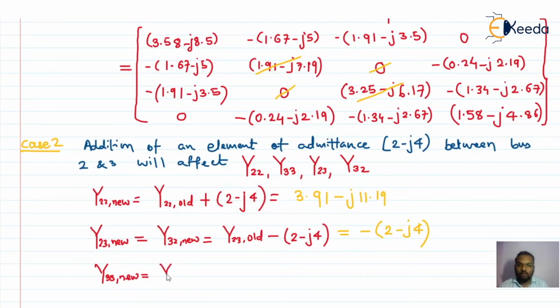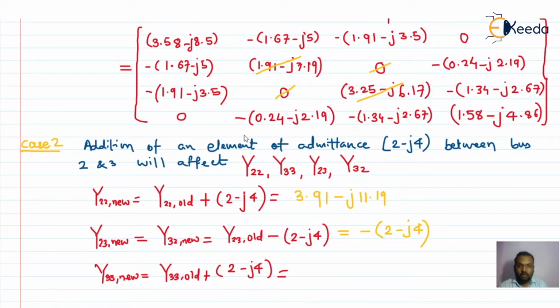Then the next term, y33 new value, is equal to y33 old value. It is a self admittance or driving point admittance, so we can add 2 minus j4. Just do this addition. It is 3.25 minus j6.17, which should be added to 2 minus j4.